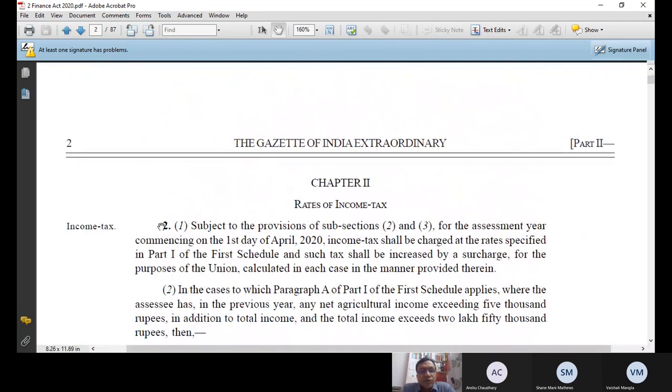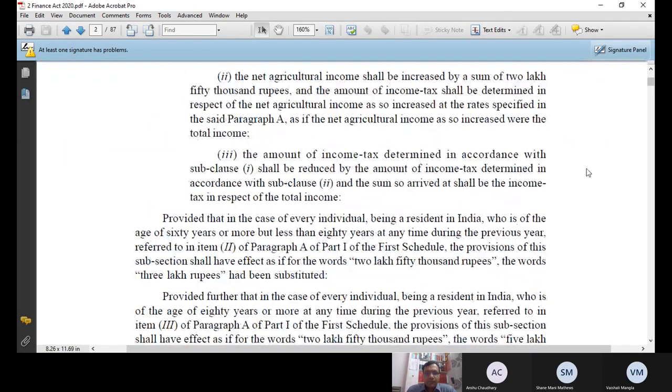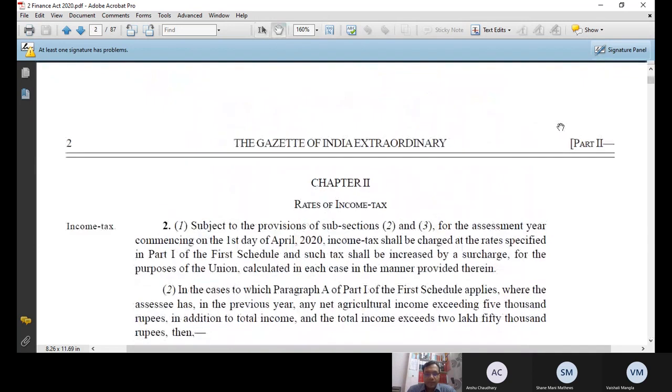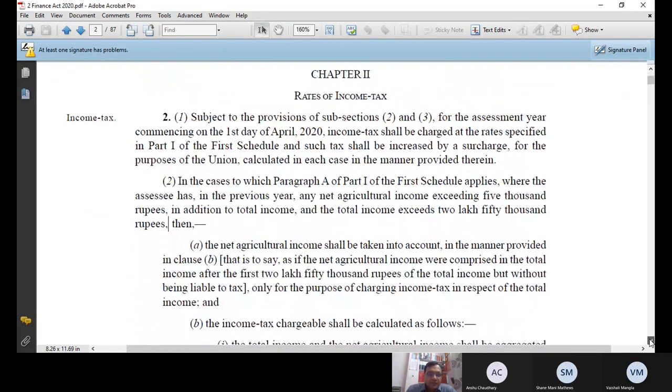It is section 2 of the Finance Act 2020. And let me show you section 2, subsection 2. Section 2, subsection 2, what does it say?